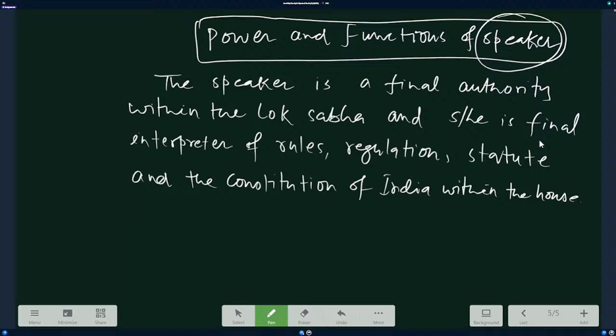He or she is the guardian of power and privileges of its members.